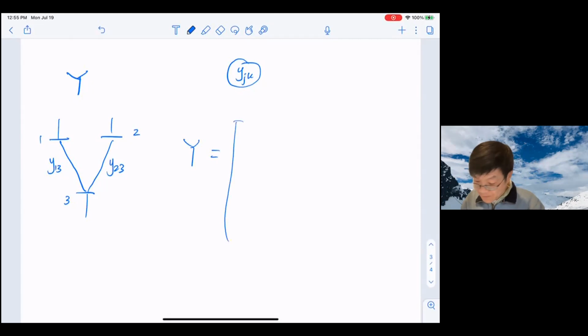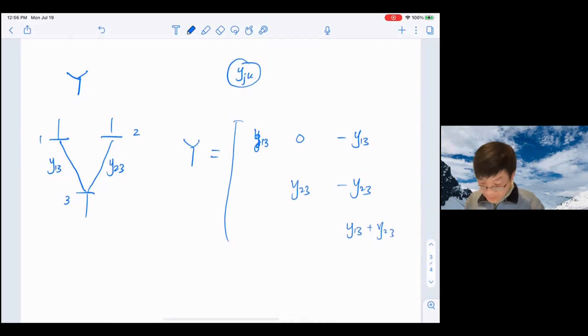There's a Y_13 3x3 matrix block, minus Y_13, and then minus Y_23. And this is Y_13 plus Y_23, minus Y_13, minus Y_23.